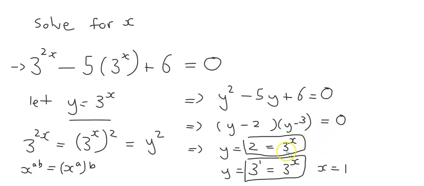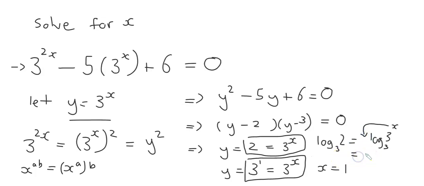So we can take logs on both sides to base 3. That would be log of 2 to base 3 is equal to log of 3 to the x to base 3. And then remember that we can take the x down the front using one of the log rules.